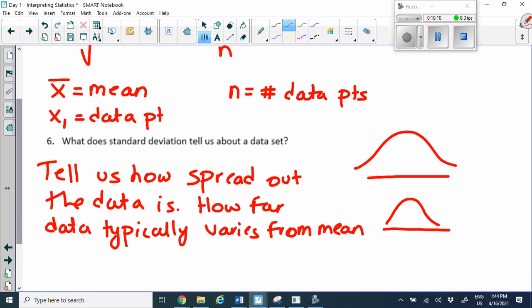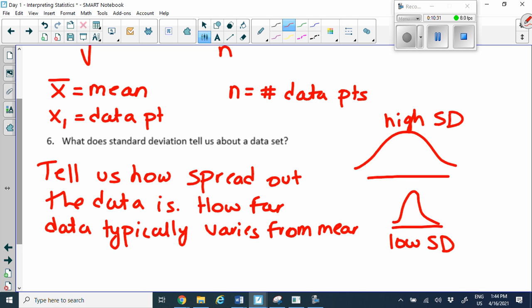And if it's wider, that means we probably have a high standard deviation because all the values are spread out a little bit more. But if the shape of the graph is a little bit narrower, that means we're going to have a low standard deviation because the data is not that spread out, okay?